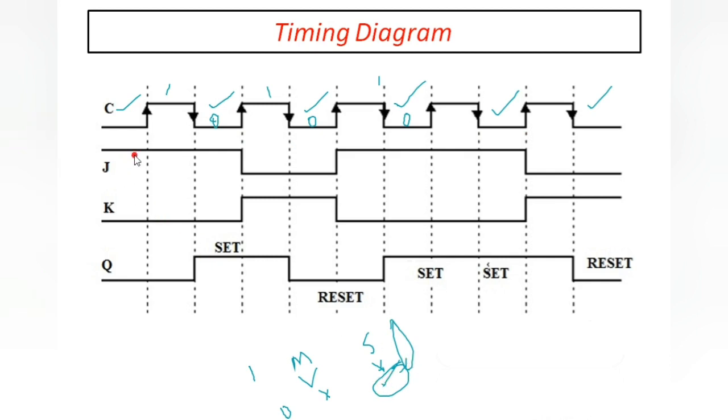So J is 1, K is 0, clock is 1, no change, because no change in the output. Next, clock is 0 here. J is 1, K is 0. So J1, K0 means output set.